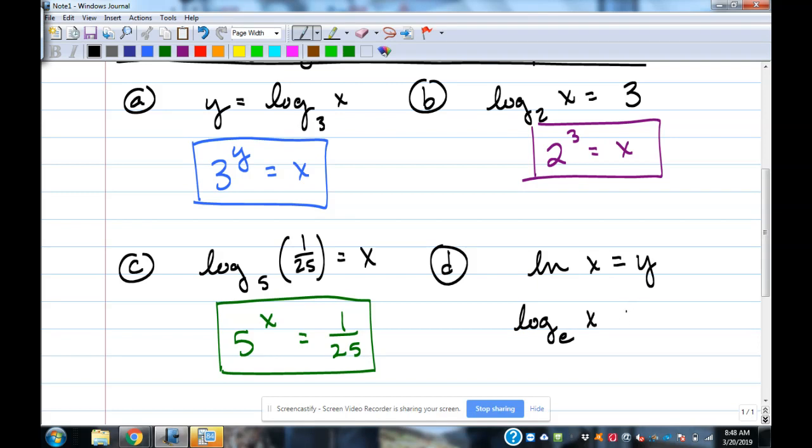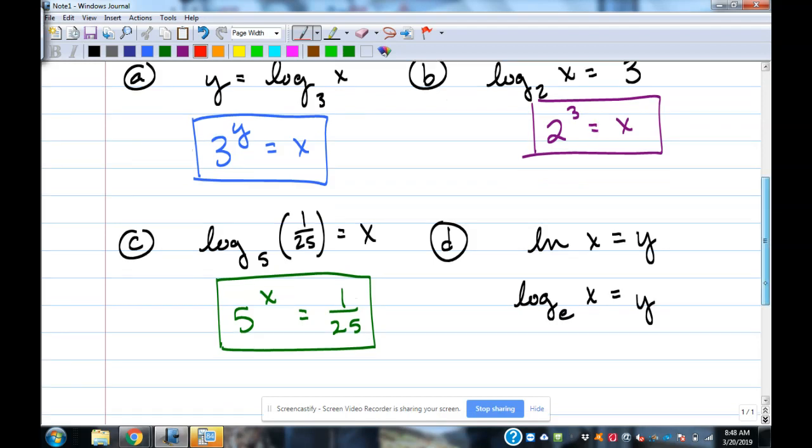So natural log is log base e. When you see natural log, think this and say, oh well, it's e to the y is equal to x. Natural log is log base e.